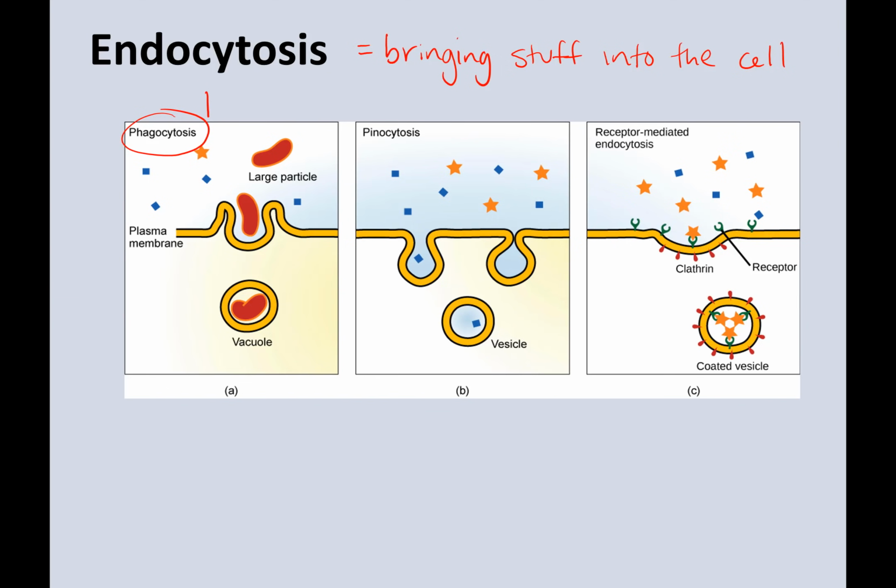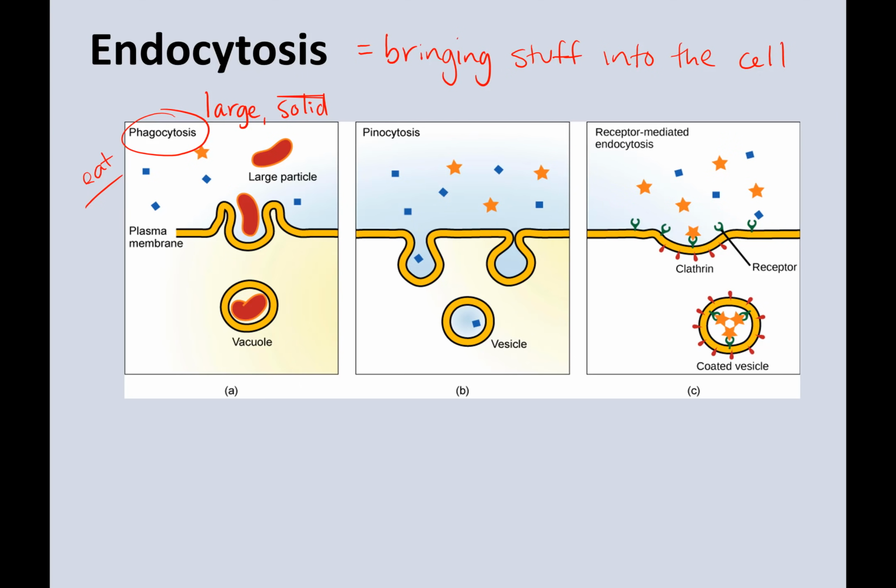Phagocytosis is large, solid things, like eating a bacteria if you're a macrophage, or taking in large globs of starch. So phagocytosis means to eat.